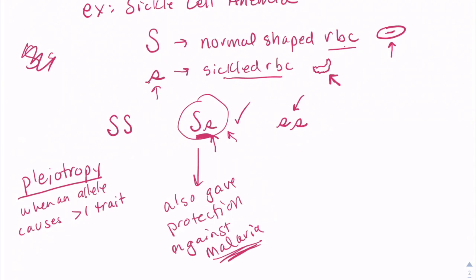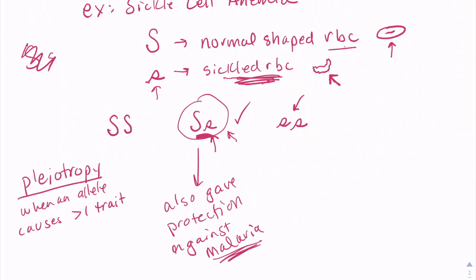Isn't that funky? And it's because of pleiotropy. Not only does the faulty allele cause some sickling of red blood cells, it also, at least in heterozygous individuals, gave them some protection against developing malaria, which is a huge advantage if you're living in an area with the type of mosquito that carries that little protozoa and transmits that infection into your blood when it bites you.